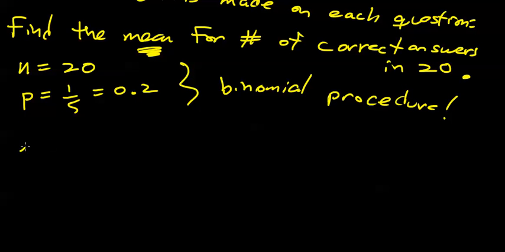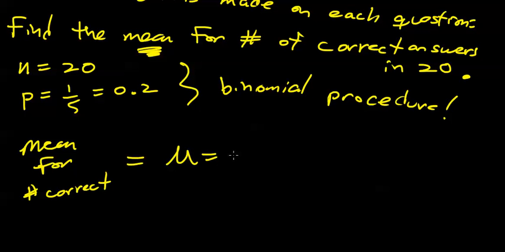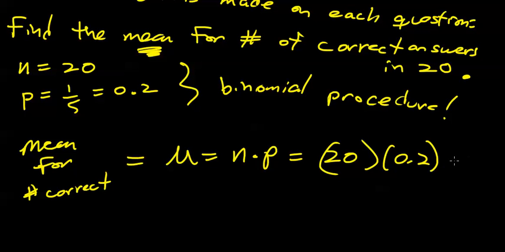So the mean for the number of correct answers is going to be mu, and very simply it's n times p, so it's 20 times 0.2, which is, of course, 4.